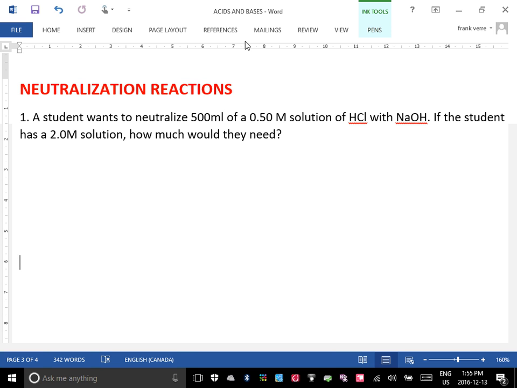If it's completely neutralized, your pH will be 7, right? So let's make the assumption that it's completely neutralized in this scenario, okay? So you have a student that has a solution of HCl, and it's going to react it with a solution of NaOH. And we want to know how much NaOH do you need to neutralize the hydrochloric acid, okay?